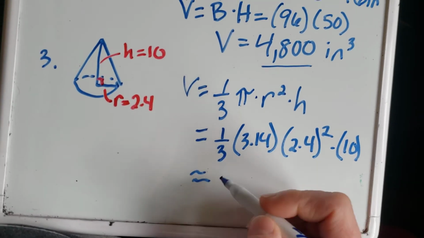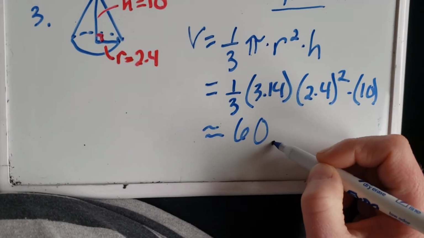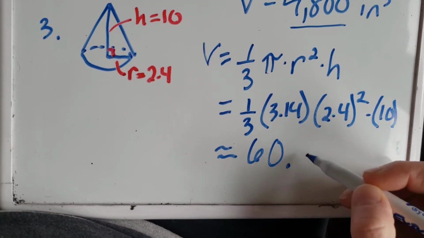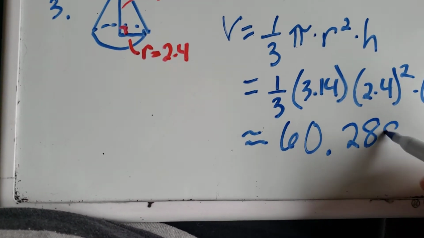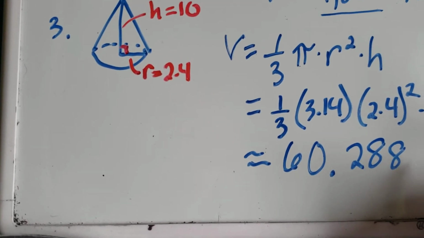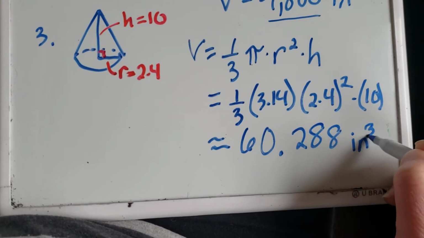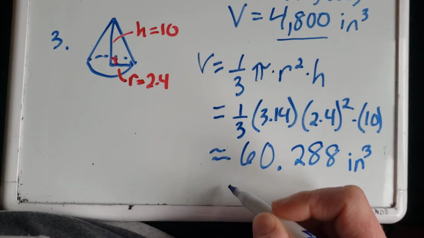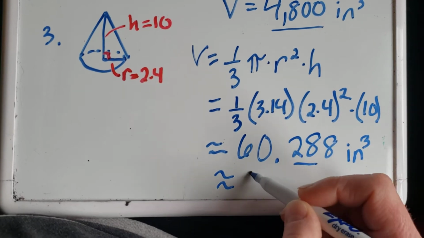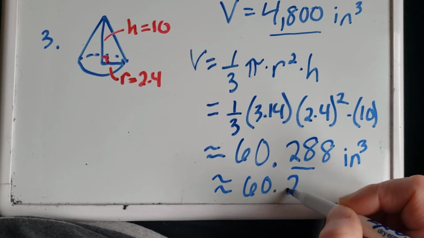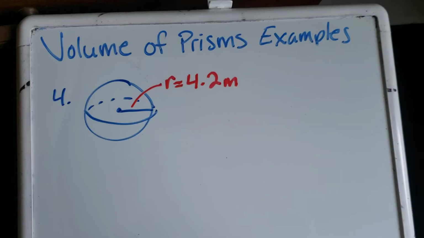Okay, so we would get approximately 60.288. Oh, I didn't put a unit on there. Sorry. Let's say it's inches cubed. And most of the problems in Blackboard are having you round to the second decimal place. So this would be 60.29 inches cubed if you were entering it into your homework.